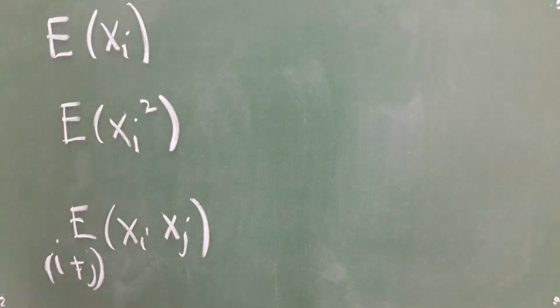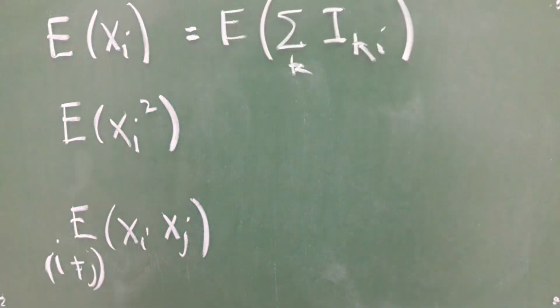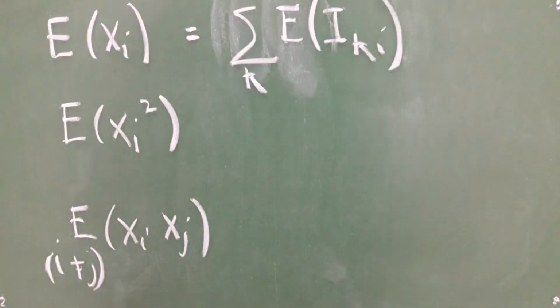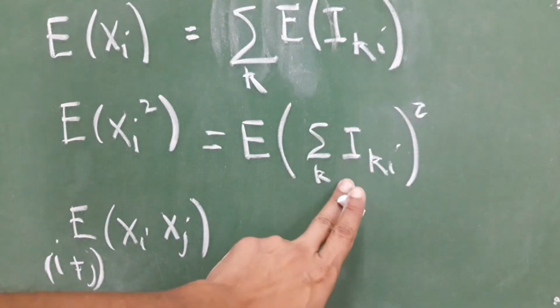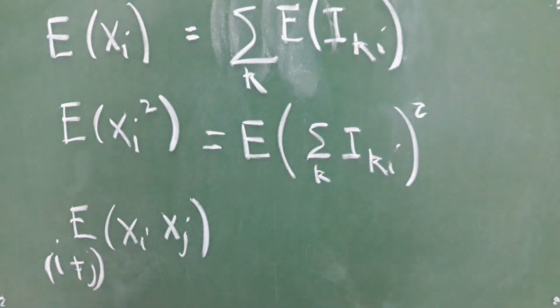Now expected value of xi is basically this. So I can take the expectation inside to get. Similarly, I can expand this. Now when I expand this, I will get square of these plus the cross product terms. But since these are indicator variables taking values only 0 and 1, their squares are same as themselves.